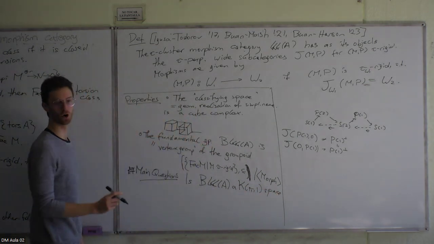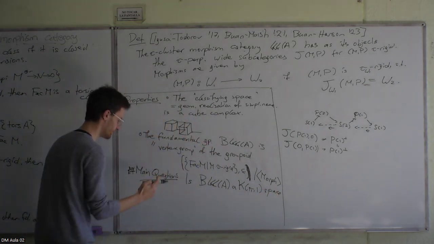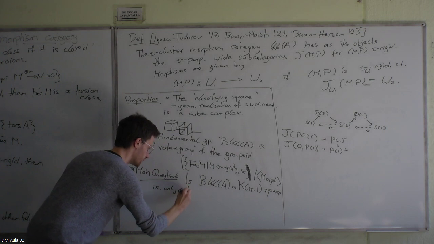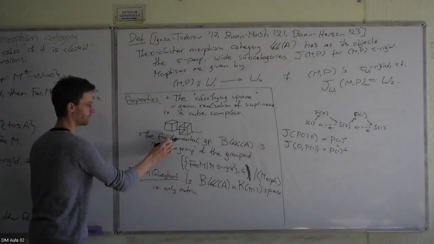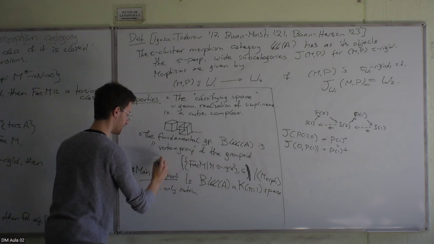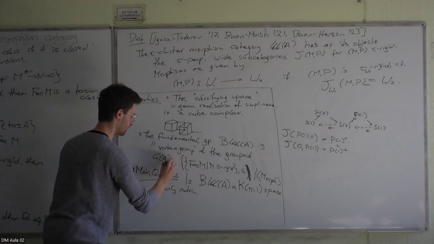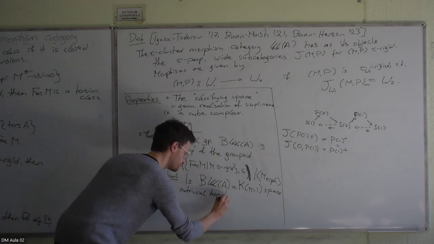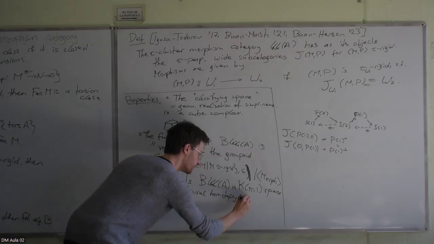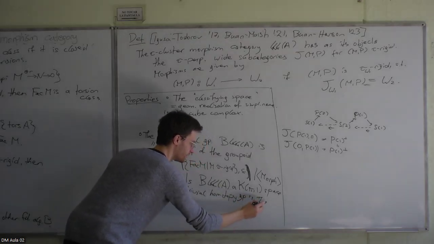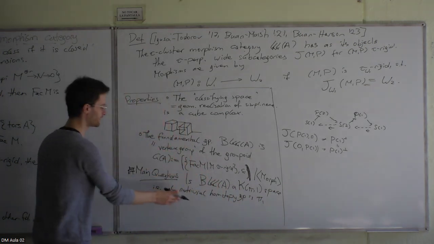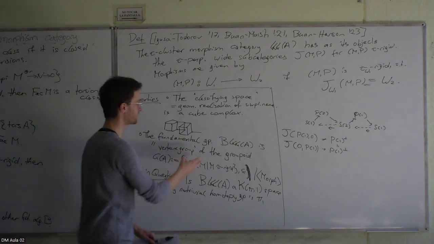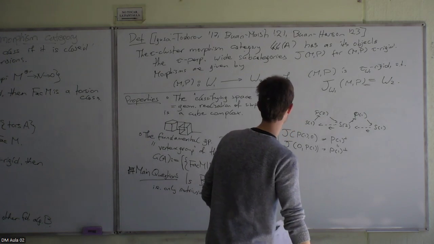What this means is that the only non-trivial homotopy group is in degree 1, and it's this vertex group of what I will call G of A. Its non-trivial homotopy group is pi 1, which we know is isomorphic to this. This allows us to study this group by studying the space, or vice versa.